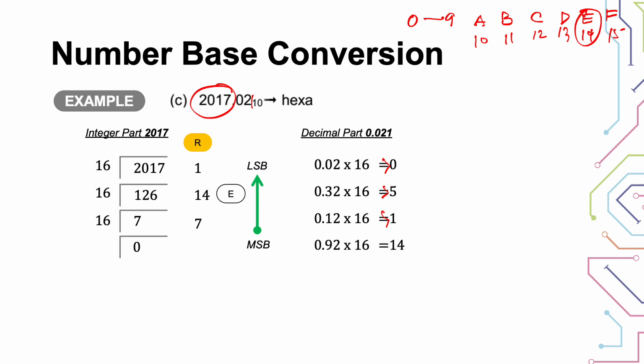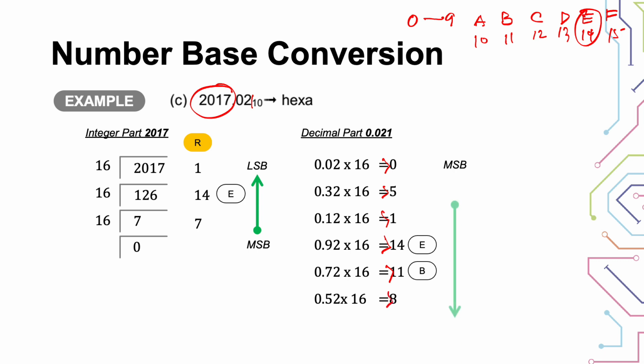I-multiply sa 16. We have 14. So, it really takes a practice, guys, no? So, even kaning pag-identify na to, 11, that's B in hexadecimal. So, MSB 2, LSB, and our answer is 7E1.051EB8.